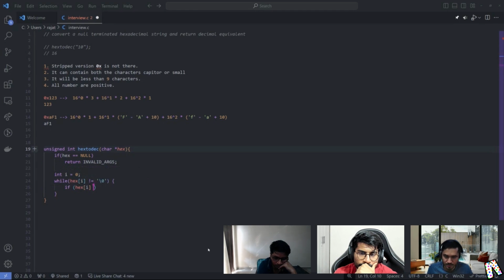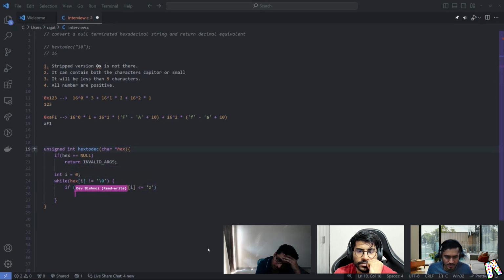Let's say if it is greater than or equal to a, and hex[i]... I really don't recall the ASCII values of these, so I will have to use some extra conditions here to handle that.